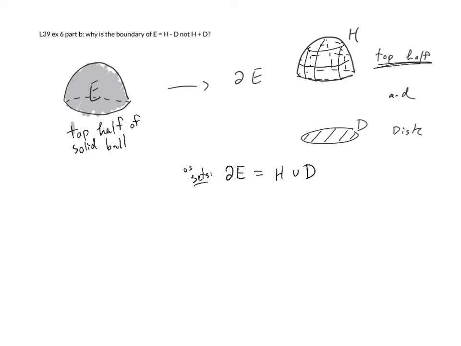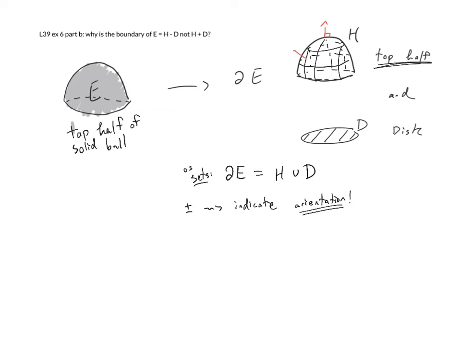When I use this plus and minus notation, this is going to indicate orientation. So the way I set it up in the problem is I gave H and D the default orientations that you would give them normally. That's just what happened when I was talking through the problem. So I think in H they gave this one the upward outward normal.